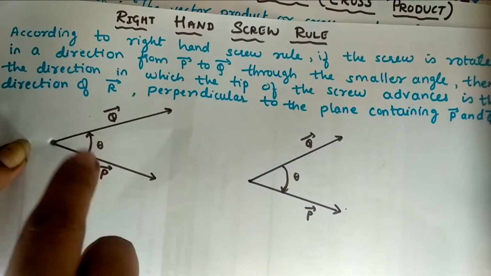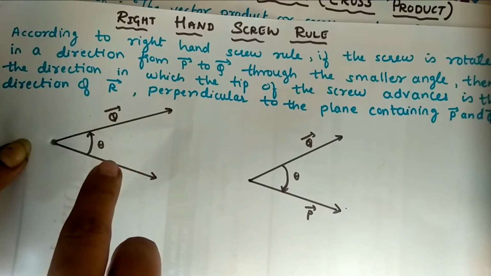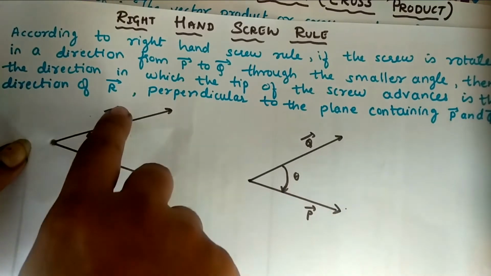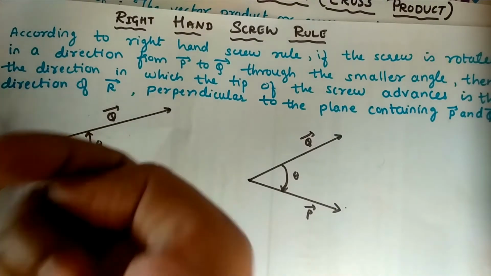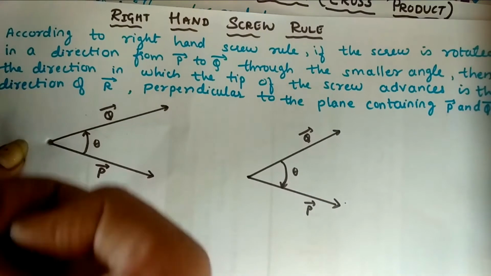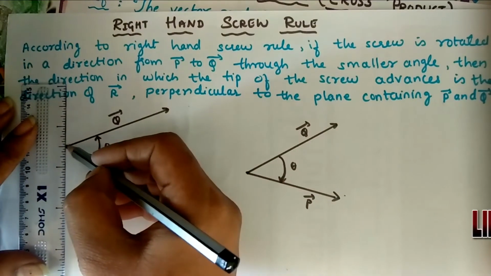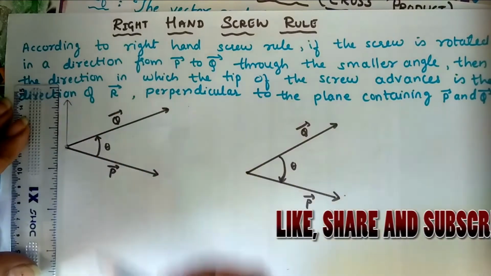See here. What is my conclusion? The direction of resultant vector which we get after the multiplication of P and Q will be out of the plane, or out of the page, out of the screen, you can say. So can I draw the resultant vector coming out of the screen, out of the plane like this?